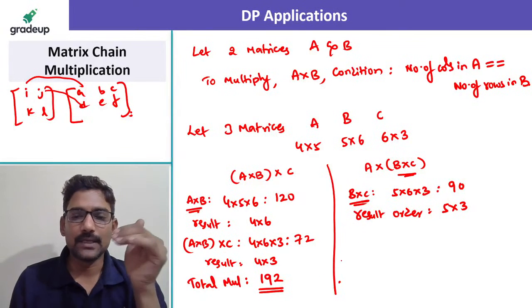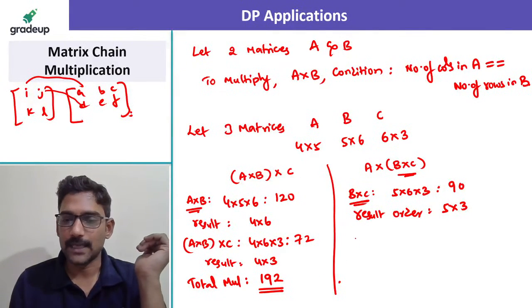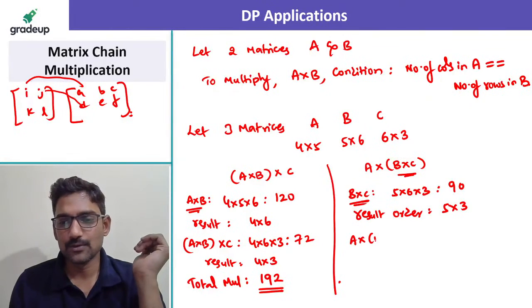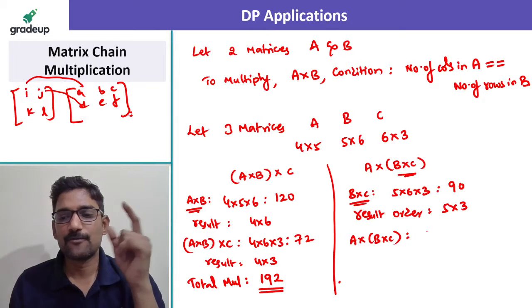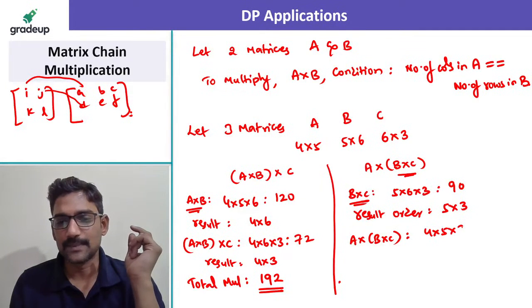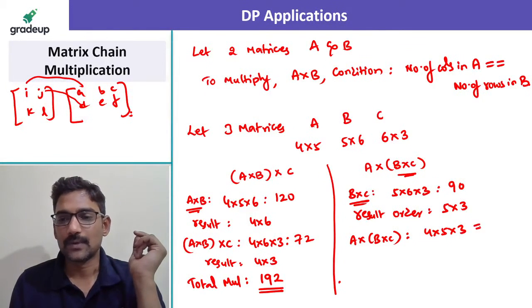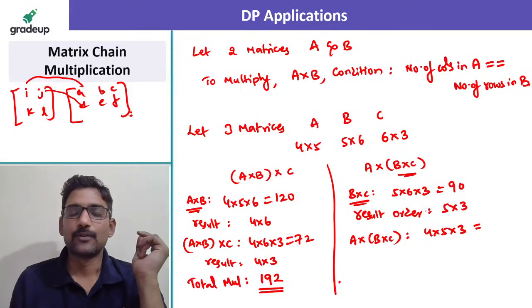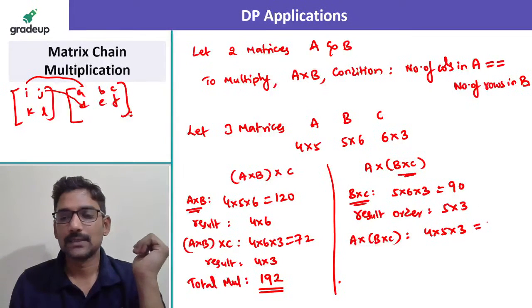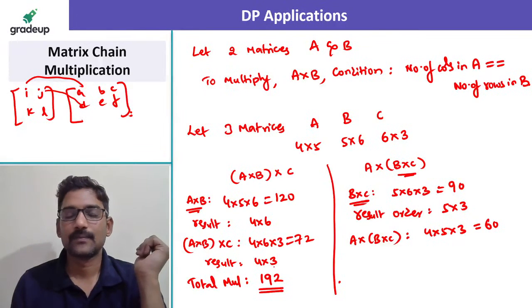This I multiply with A, so A into (B into C). This will be 4 into 5 into 3 multiplications. 4 5s are 20, 20 3s are 60.